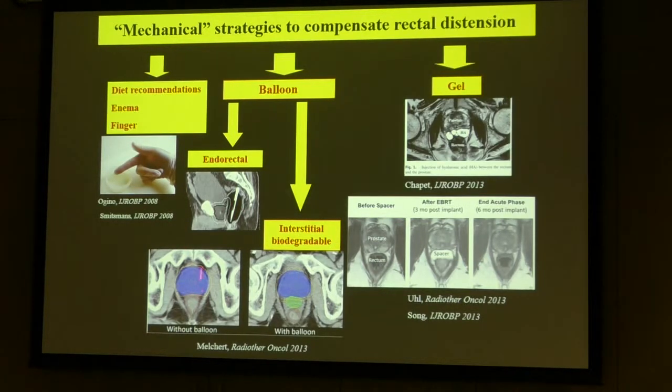And by pushing the prostate anteriorly, for some patients the seminal vesicles remain posteriorly around the rectum, so finally the rectum was not spared much. More recently, there is the use of hyaluronic acid and so on.